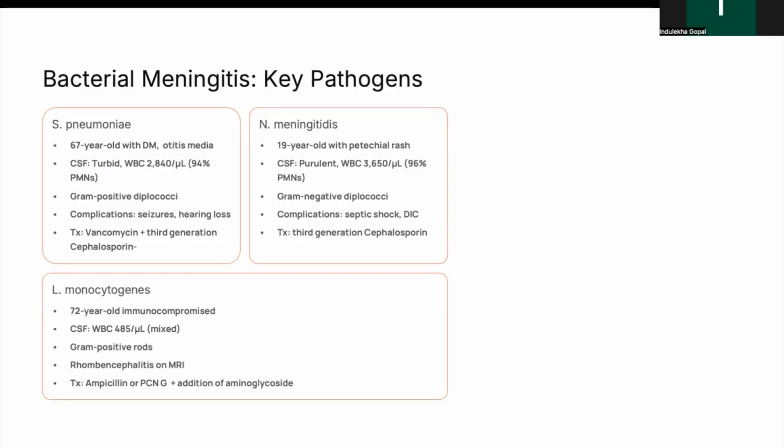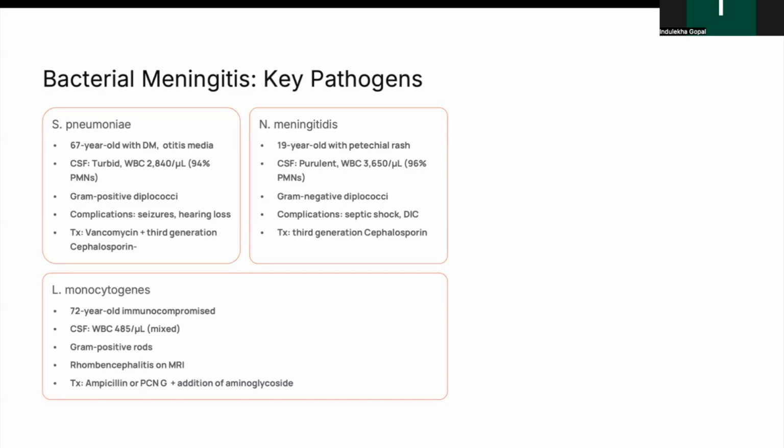Neisseria meningitis, a sample case is an 18-year-old with petechial rash. Purulent CSF, WBC 3650, gram-negative diplococci is a finding in the gram stain. Complications include septic shock, DIC. Treatment is third-generation cephalosporin.